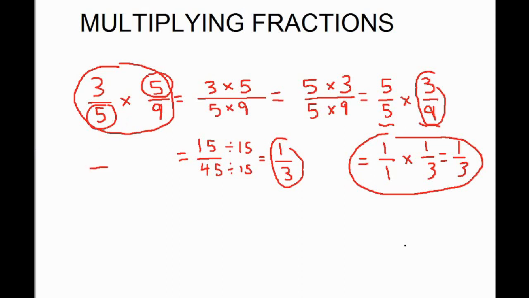I divide both of those by 5, I get 1. 5 divided by 5 is 1, and for the second fraction in the numerator, 5 divided by 5 is 1. For the 3 and the 9, the greatest common factor of 3 and 9 is 3. 3 divided by 3 is 1, 9 divided by 3 is 3. So we end up with 1 over 1 times 1 over 3.